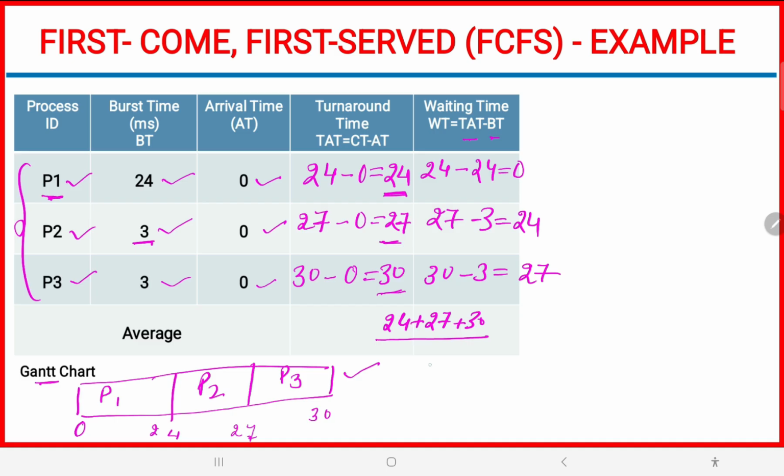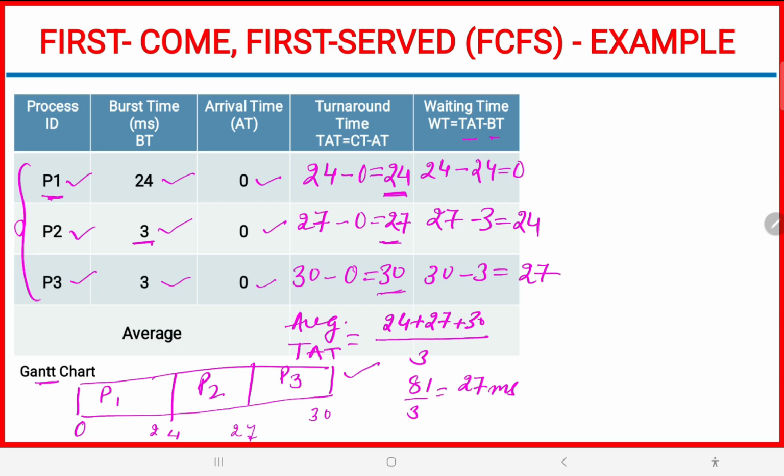As of now we have 3 processes only. Adding the 3 values, it comes out to be 81, divided by 3. So the average turnaround time for this set of processes is 27 milliseconds. Fine.